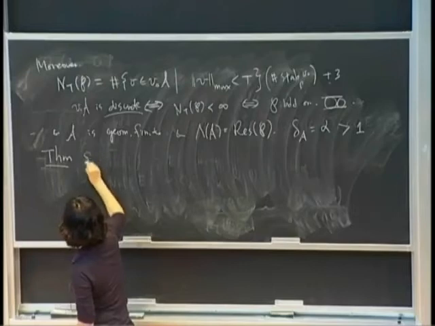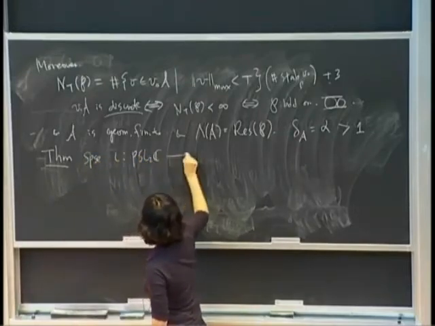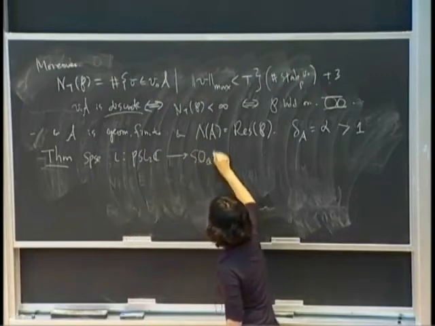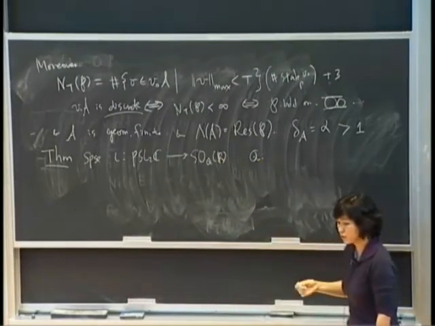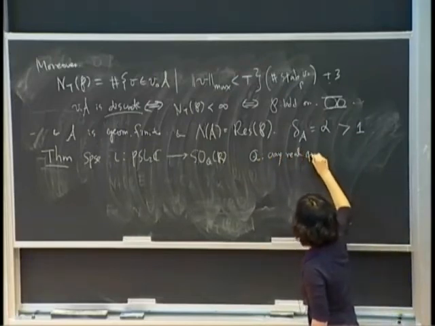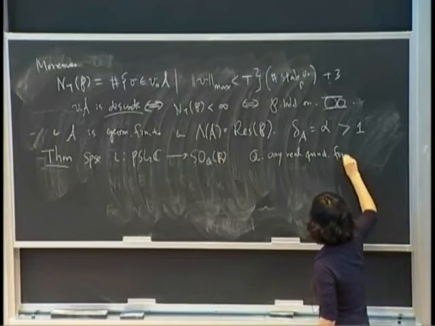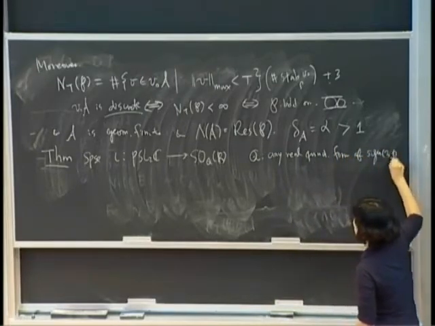So suppose I have a representation, say PSL2C going to SOQ(R). Here Q can be any real quadratic form of signature 3, 1.